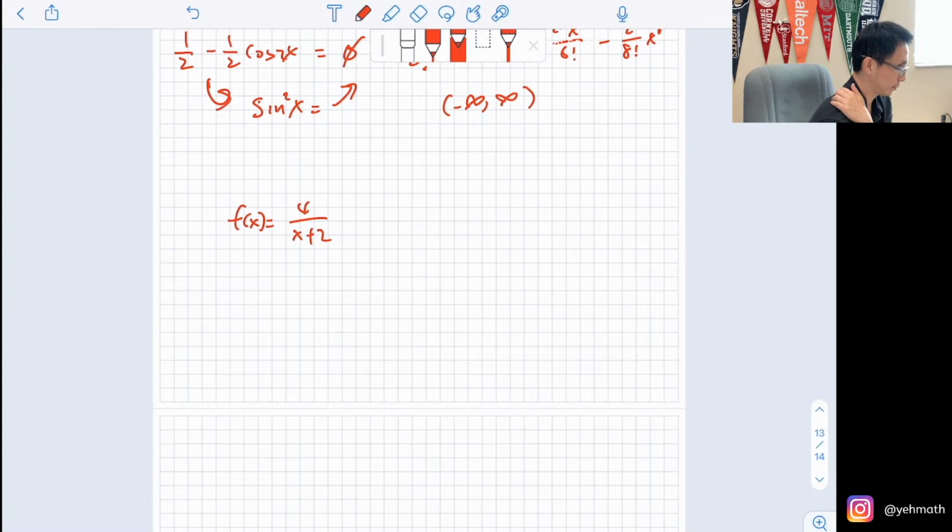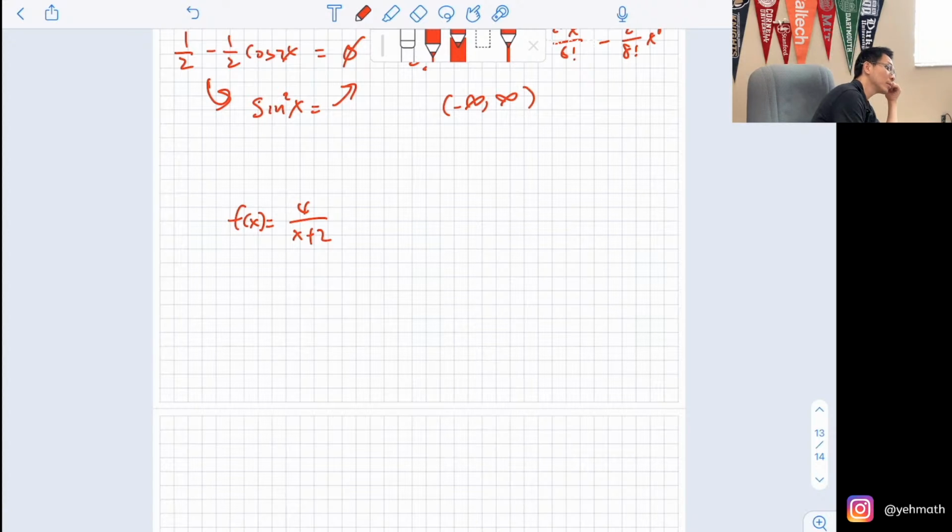That's a 4 over x plus 2. So I have f of x. How do I represent this in terms of power series? What does this look like?